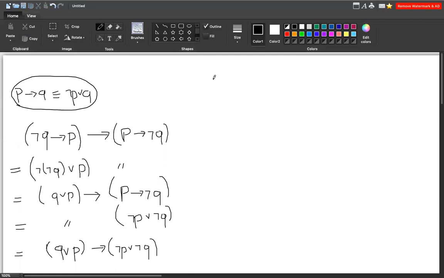Okay, so we can say that this is equivalent to negation of Q or P, and then we have this or again. We say negation of P or negation of Q.